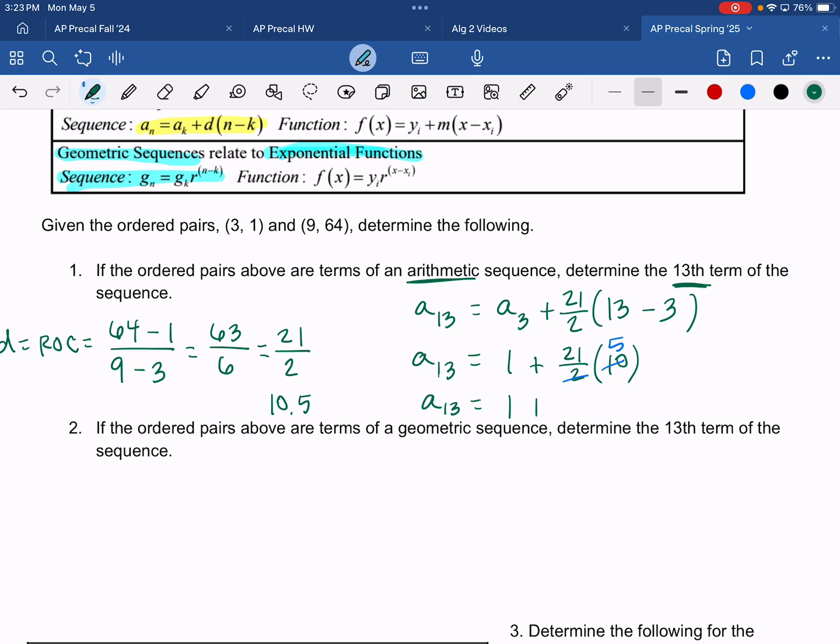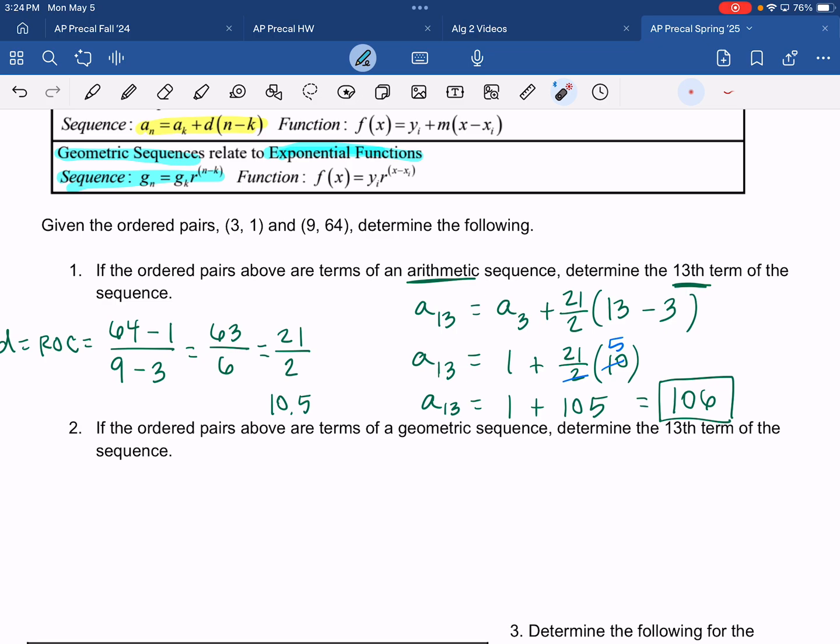So 20 times 5 is 100, 5 more. 1 plus 105. Okay, y'all, 106. All right, 106 would be the 13th term. If you chose to instead use the 9th term of 64, you would have gotten the same thing. I did it last class period, and we got the same number.